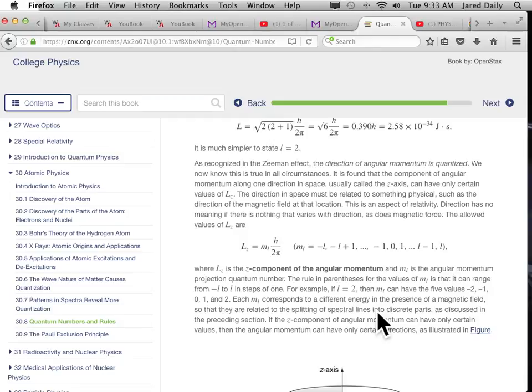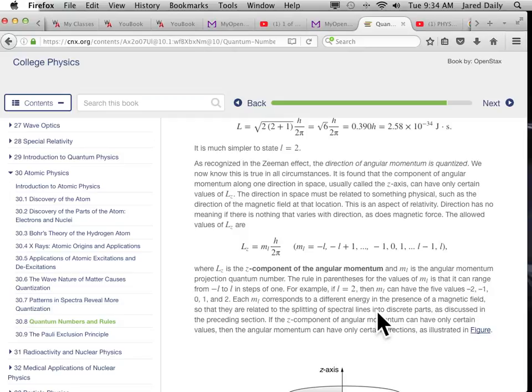orbit. So this one is called the angular momentum, and the z component of the angular momentum is called L sub z, and it uses another quantum number, m sub L. Right? So m sub L, whatever L you're in, which is determined by whatever n you're in, is going to determine what m sub L could be.